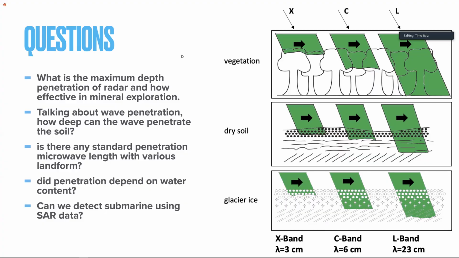That I can clearly answer with a yes. It's extremely dependent on water content. Basically, when you reach the water, that's when your penetration stops, with the exception of frozen water: in glacier ice, you can penetrate very deeply.